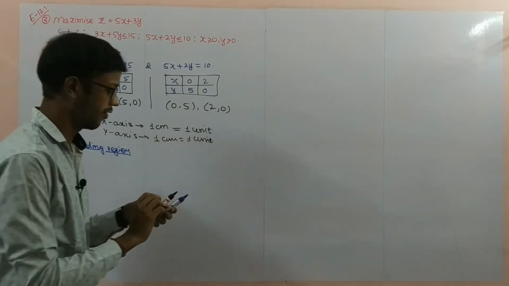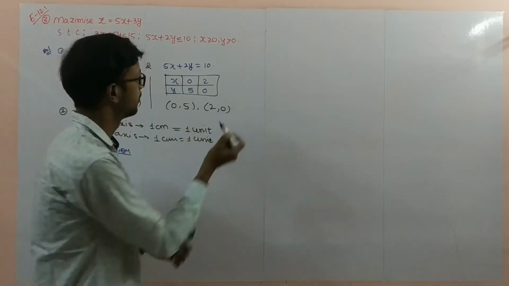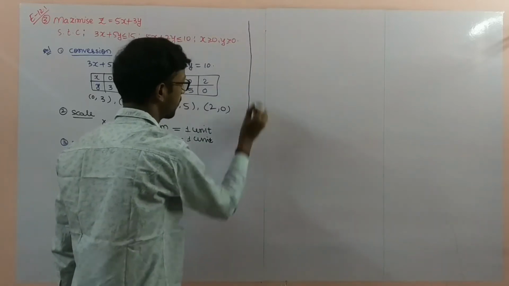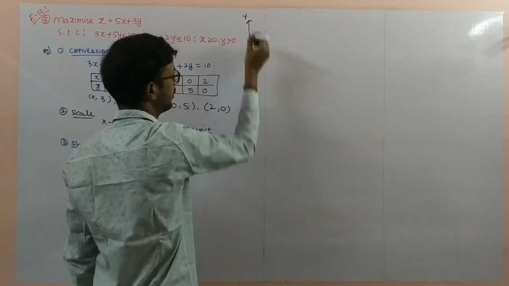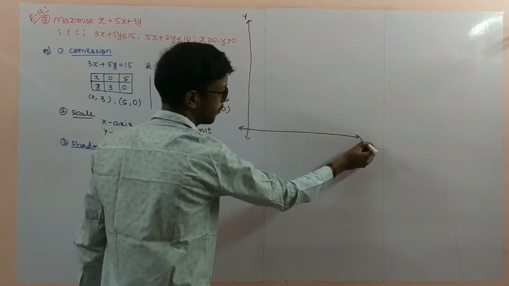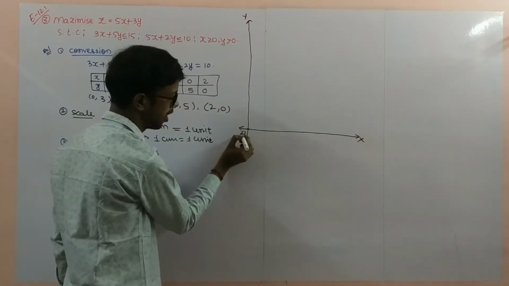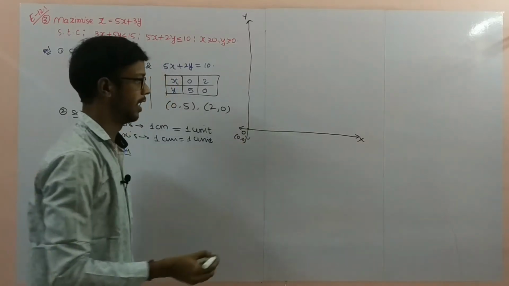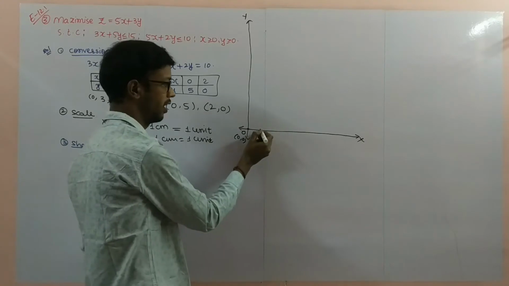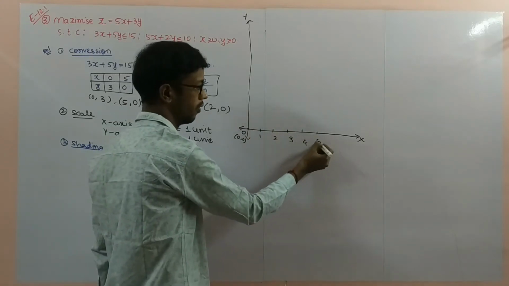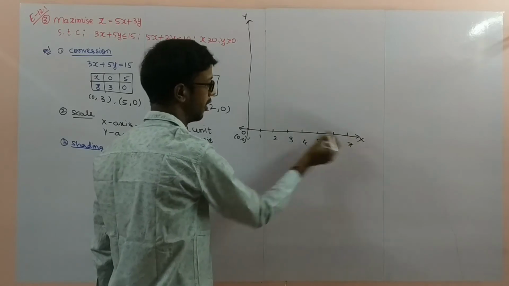So now, first of all, I will draw the graph here. This is the y-axis and this is the x-axis. This point we know is the origin, 0, 0, and now I am plotting the points 1, 2, 3, 4, 5, 6, 7.